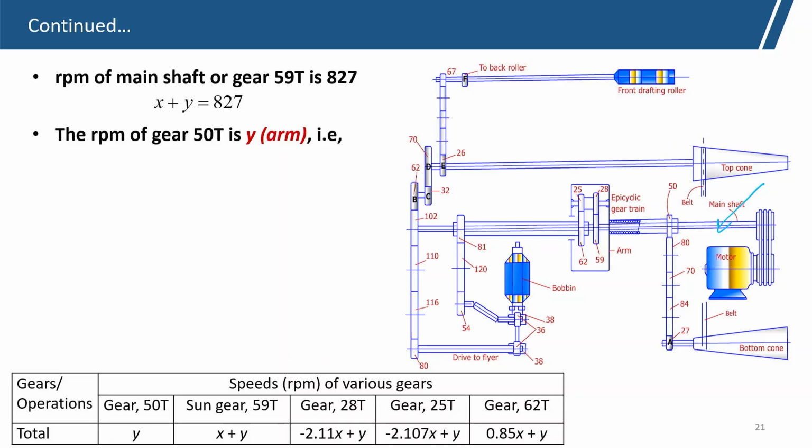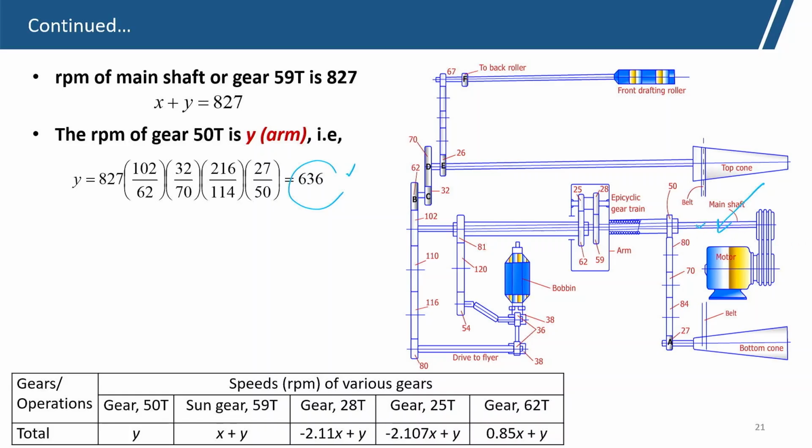The RPM of gear 50 teeth, that is the arm, is y. So, what is y? We can calculate y from this gearing ratio. I will just show you how we are getting this value.